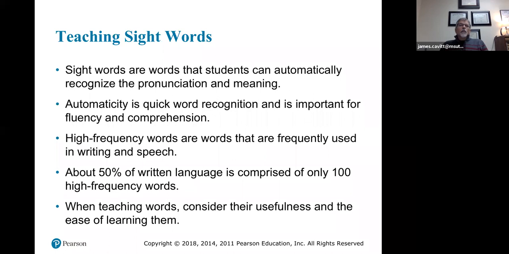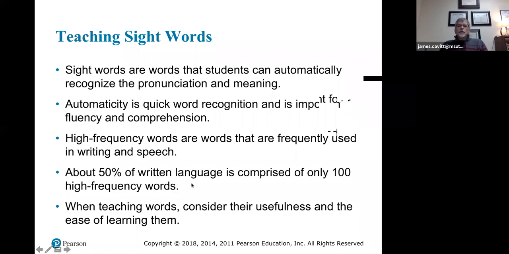Sight words are words that can't be sounded out, that you need to know them by sight and automaticity. I love this bullet down here.